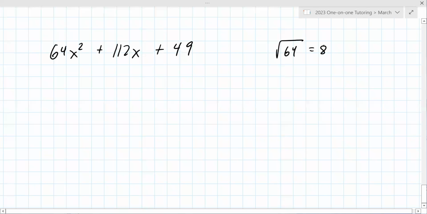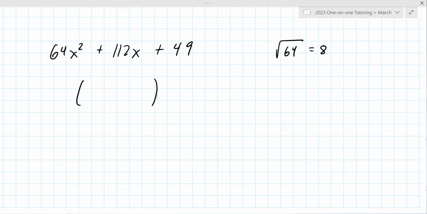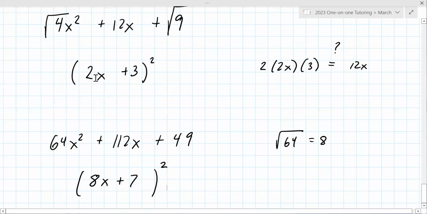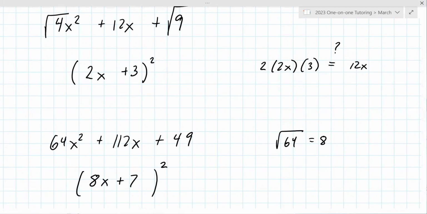It is 8. So it would be 8 and 7. Yes. So tell me what to write here though. Give me the full. 8x plus 7 squared. Notice every time it's just the two things that we're taking the square root of go inside parentheses.